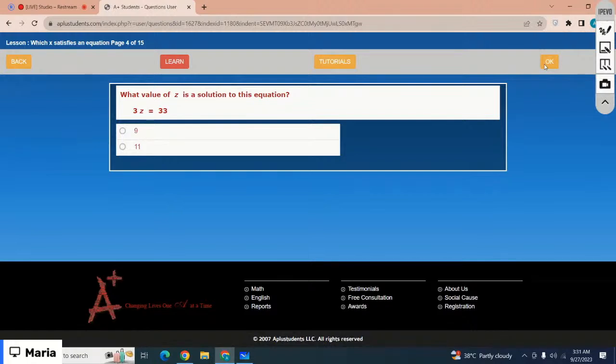What value of z is the solution of the equation?